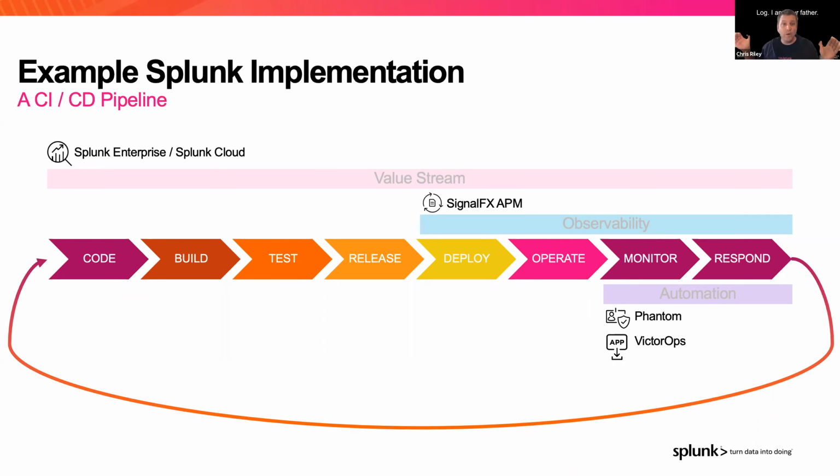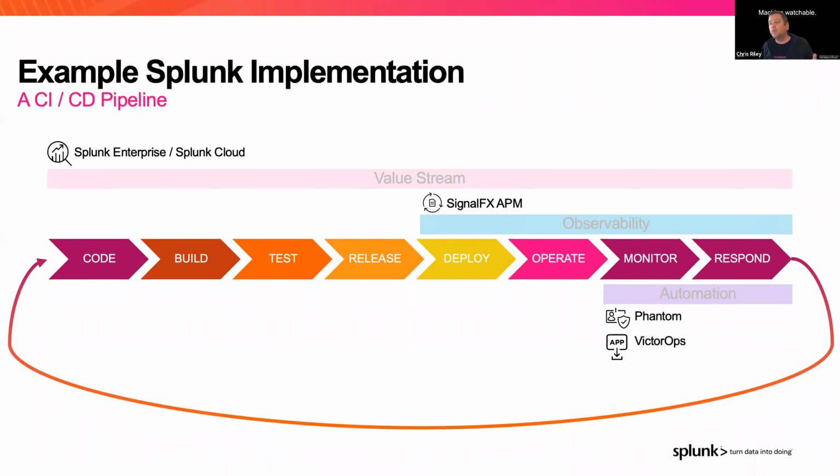Two, I need to see what my delivery chain's doing so that when somebody comes to me and says, okay, you're releasing every day now, how has that impacted our business? You need that across the entire flow in your entire pipeline. From deployment into production for your modern applications, modern application architectures, including serverless, you have SignalFX APM. And then on the response side, you have Phantom and VictorOps.